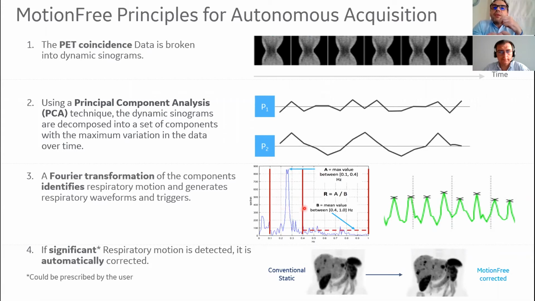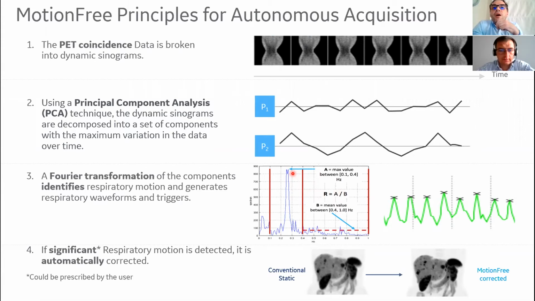Apart from detecting if this is due to respiration or not, we can also see the magnitude of the respiration, and identify if it is worth correcting for it or not. This is done by calculating this R ratio, which provides the impact, the strength of the respiration on the image itself.